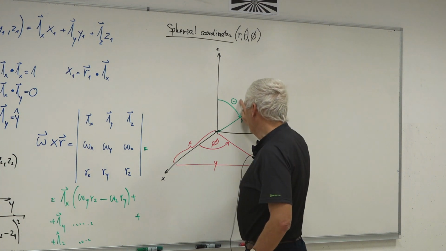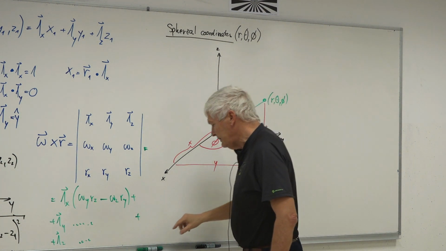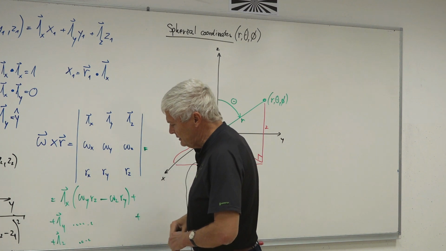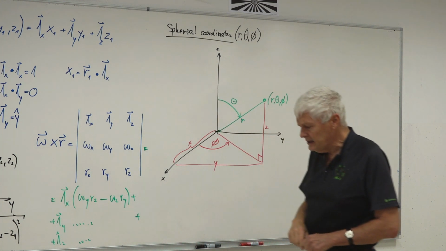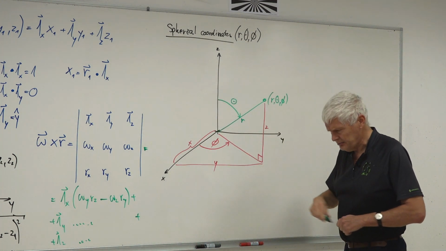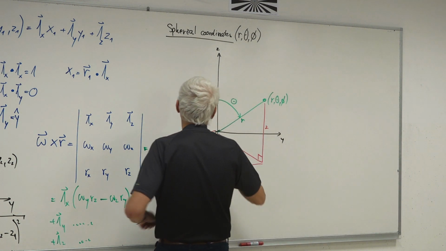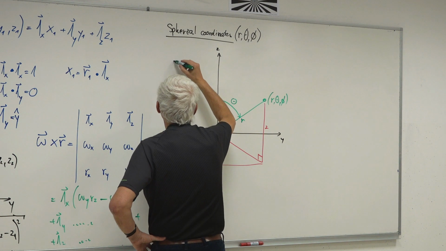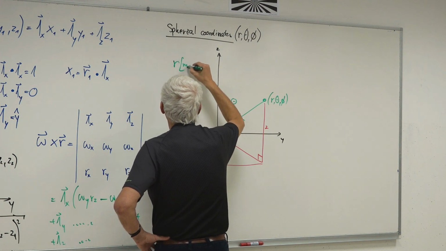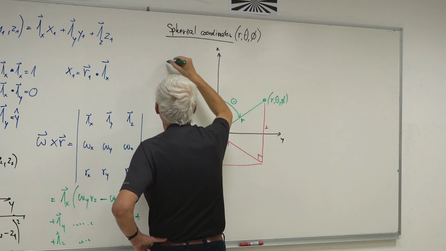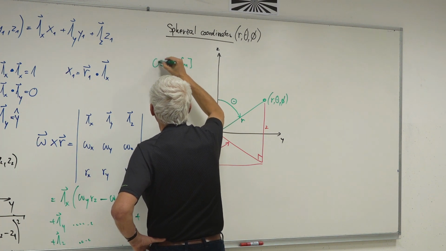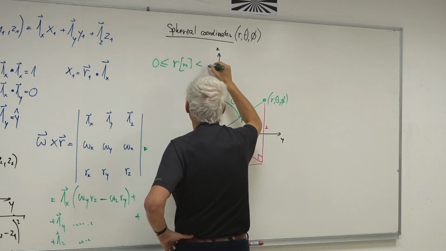We measure both angles in radians to have simple derivations. We could measure them in degrees, but then we have problems calculating the derivatives, and we will need derivatives in our calculations. So r has dimensions of distance, meters. It's always larger or equal to 0, and less than infinity.